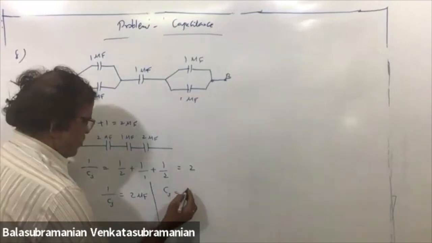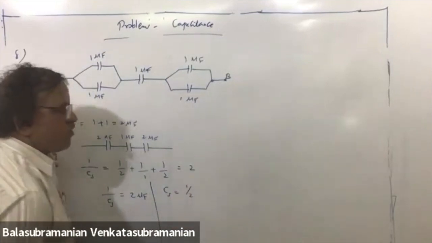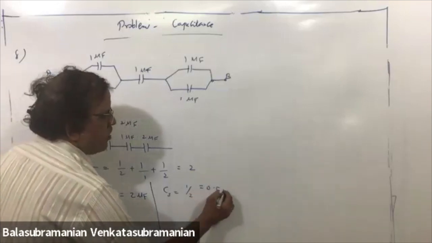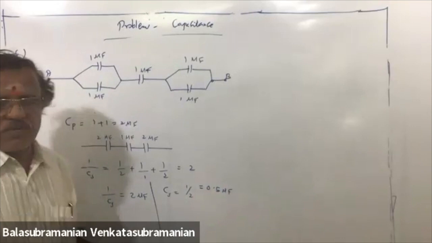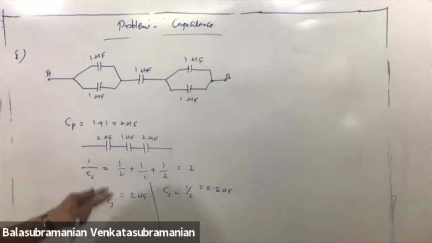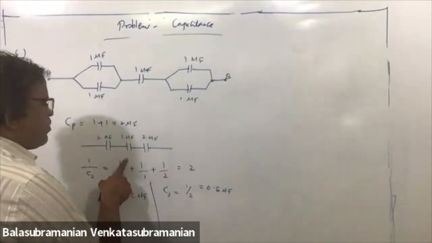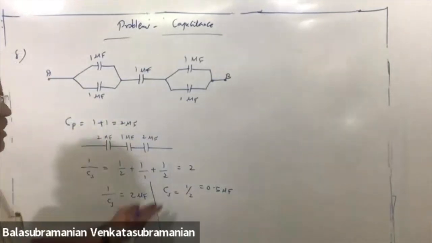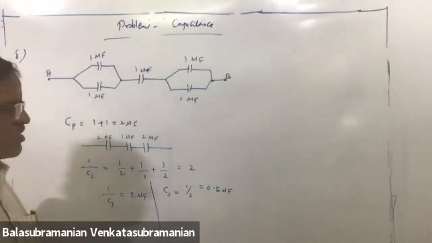Cs is equal to 1 by 2 microfarad, that is 0.5 microfarad. Simple. Otherwise, you can take the LCM as 2: 1 plus 2 plus 1, 4 by 2. 4 by 2 is nothing but 2. Anyway, you can write it.